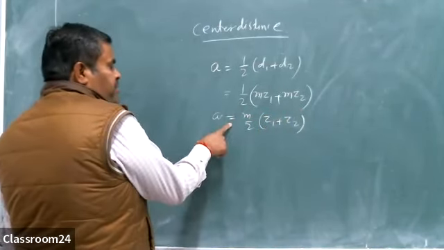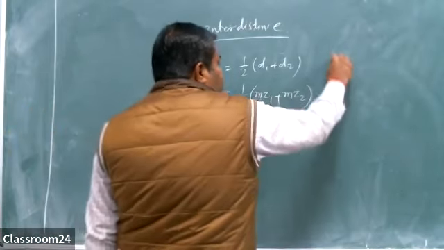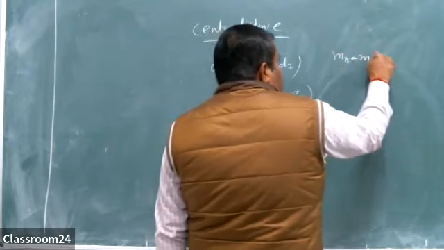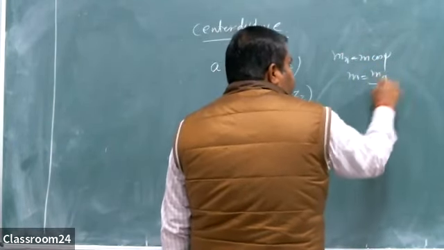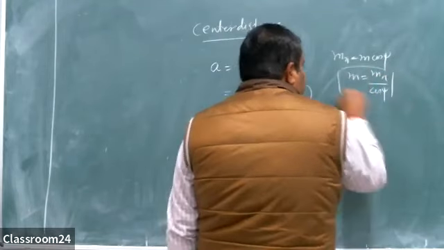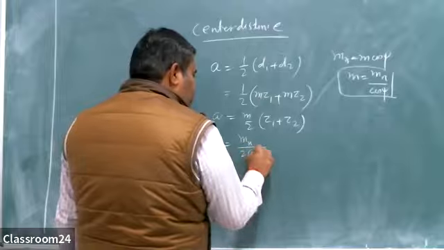Same formula as in case of spur gear, but it can be extended. We have the relationship mn equal to m cos psi. From here, m equal to mn divided by cos psi. So in place of m, I am writing mn divided by 2 cos psi times z1 plus z2.